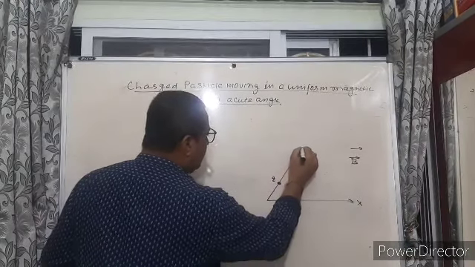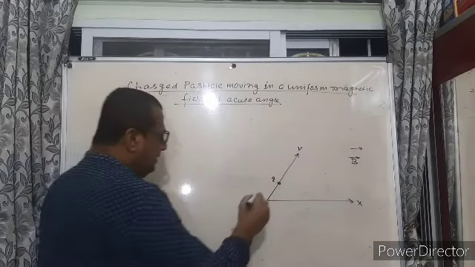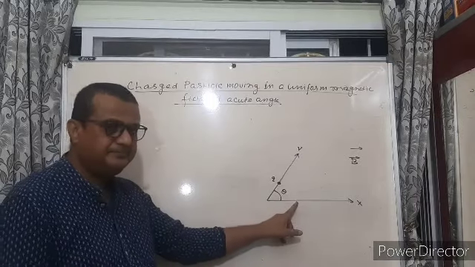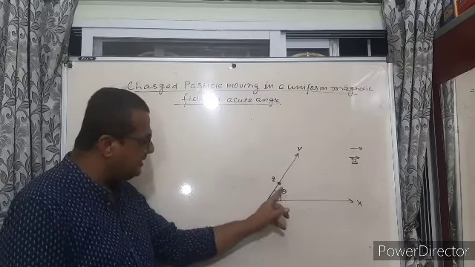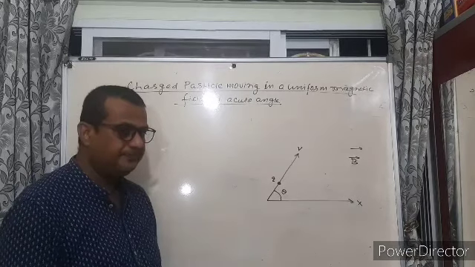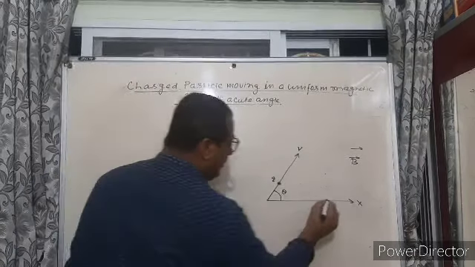It is moving with velocity v, making some angle with the magnetic field. This is the acute angle. Its velocity is v. This is the direction of magnetic field.